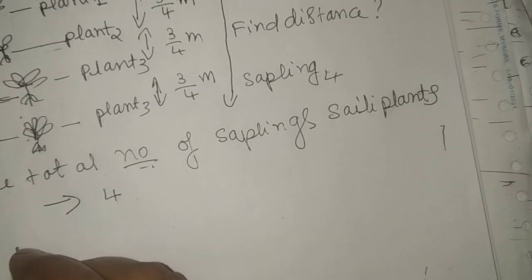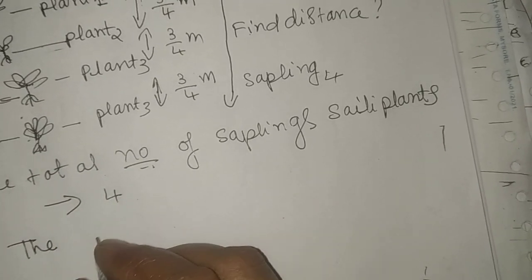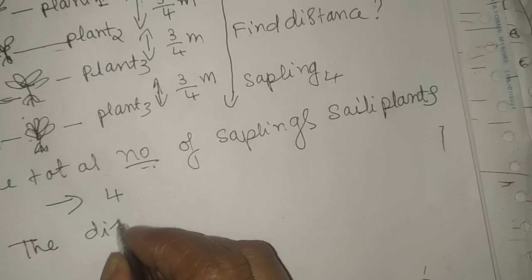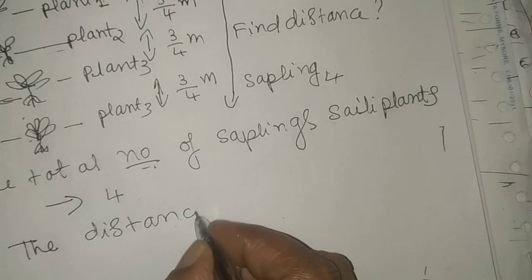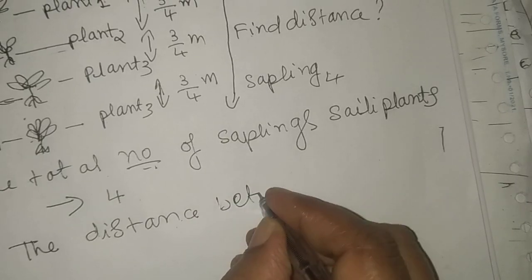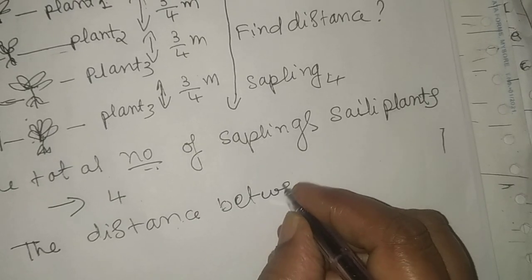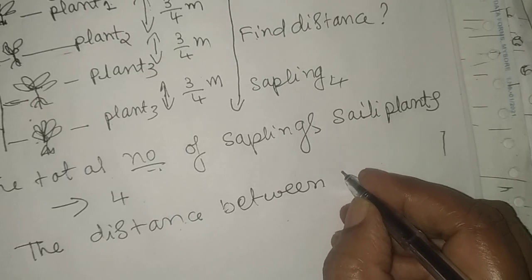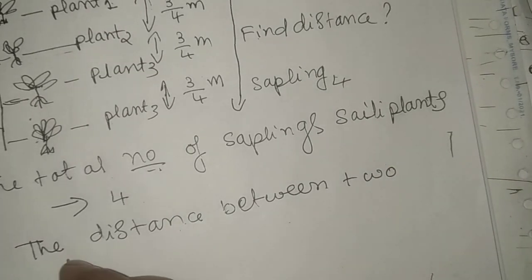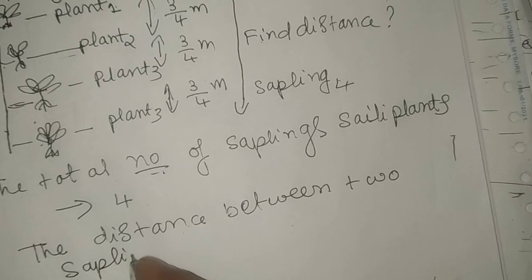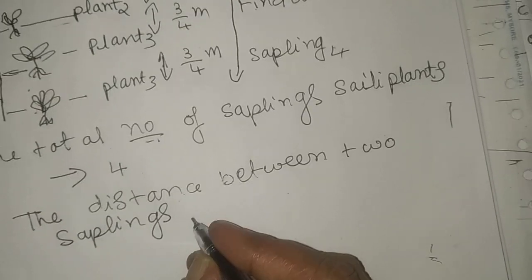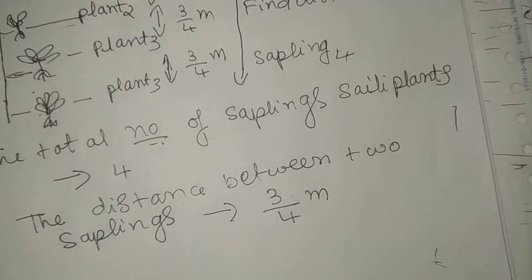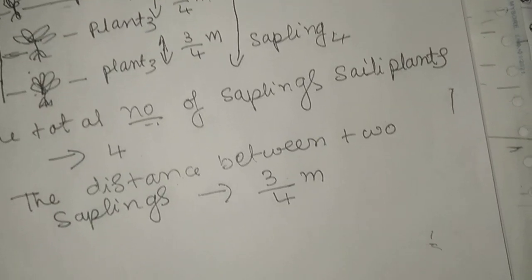Now these are the given data: the distance between two saplings, or the adjacent saplings, is 3 by 4 meters.